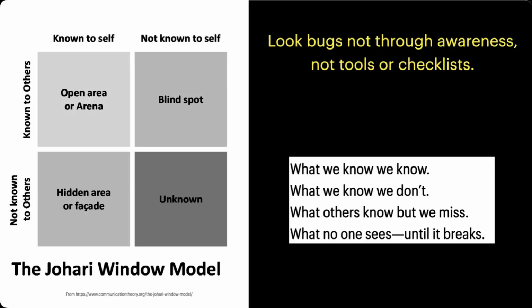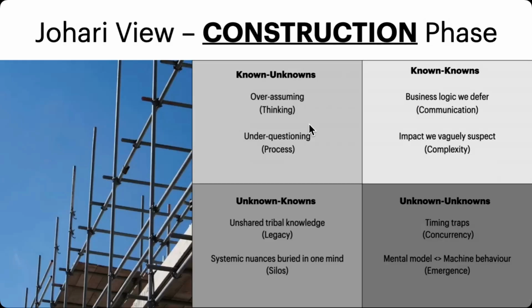So the next few slides, which display contents, kind of try to put this idea together into these two phases. If I take a Johari window view in the phase of construction as to why bugs emerge, these could be some of the ideas that we could probably think of. Why does it happen? Well, sometimes we have communication issues and business logic is not well written or understood or clarified.